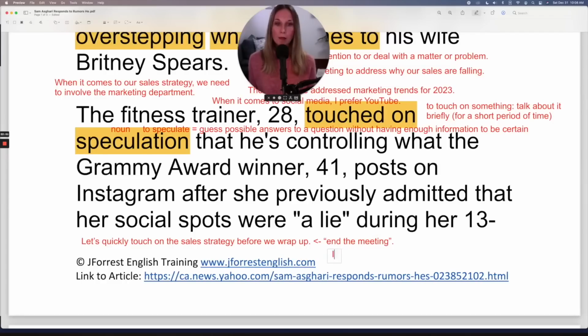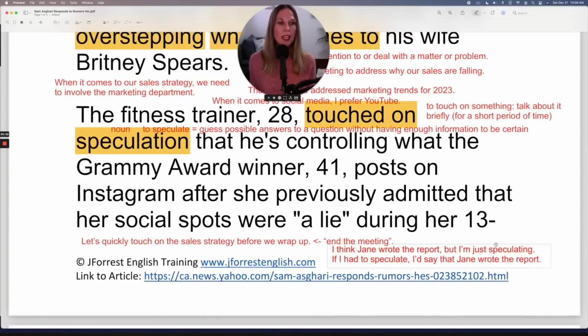I might say, I think Jane wrote the report, but I'm just speculating. So I'm letting you know that I have some evidence to support that, but I'm not 100% sure. Another sentence structure is, if I had to speculate, I would say that Jane wrote the report.